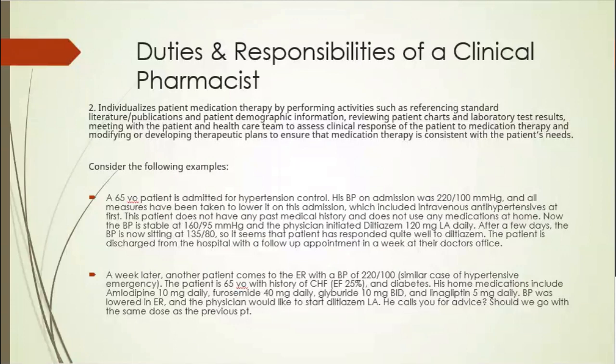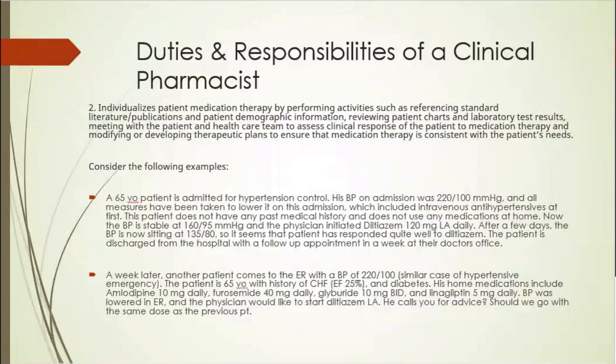So a 65-year-old patient gets admitted for hypertension control. His blood pressure on admission was 220 over 100. That's pretty high. And all measures have been taken to lower it on this admission, which included intravenous antihypertensives at first. So the patient received intravenous antihypertensives, and they've started lowering the blood pressure.